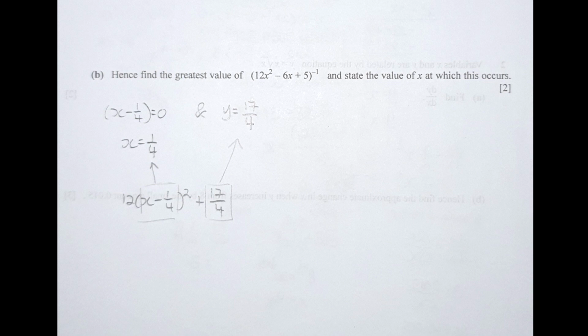To identify the turning point, what we have there was the bracket of x minus 1 over 4. You set that equals to 0, then you get your x as 1 over 4. And when your x is 1 over 4, then your y value will be 17 over 4. How did I know they are referring to the turning point? Because they mentioned the keyword greatest value.